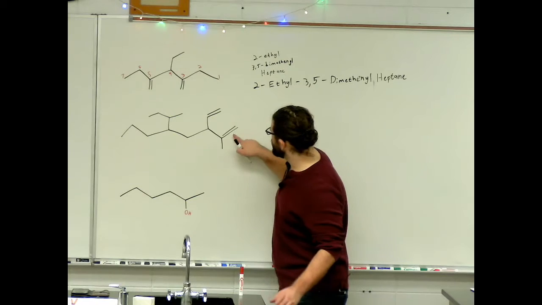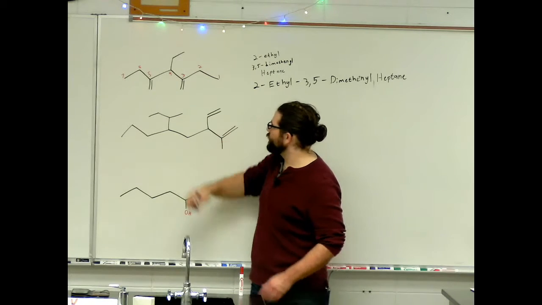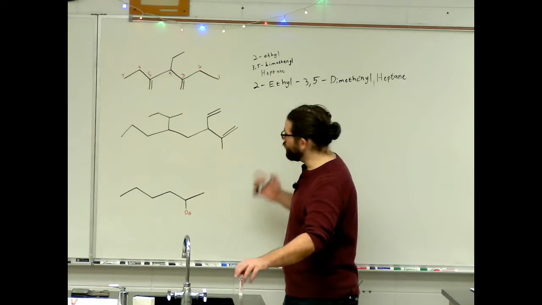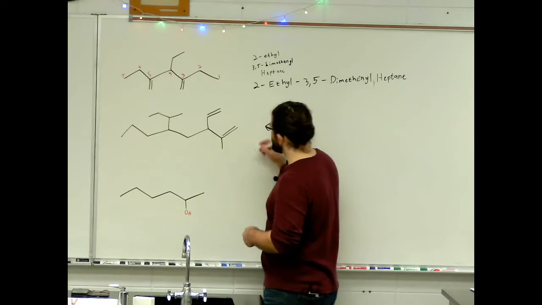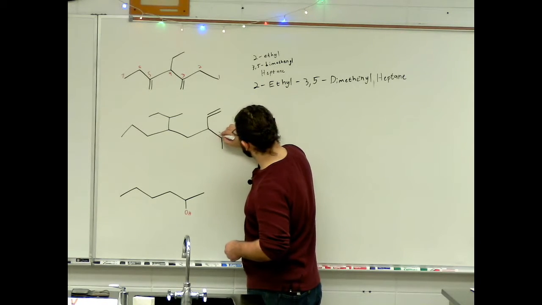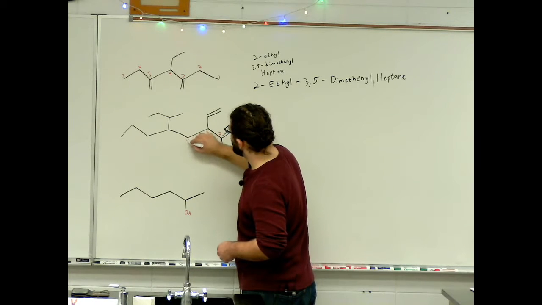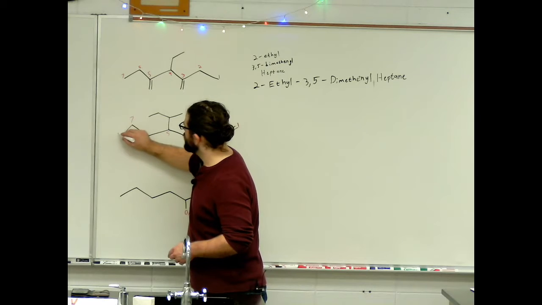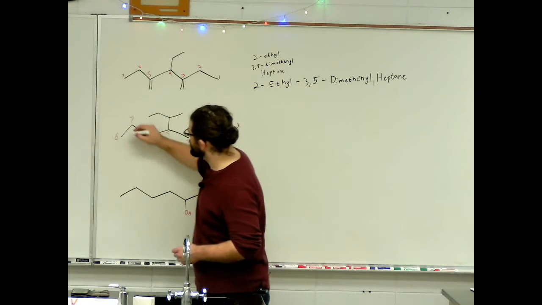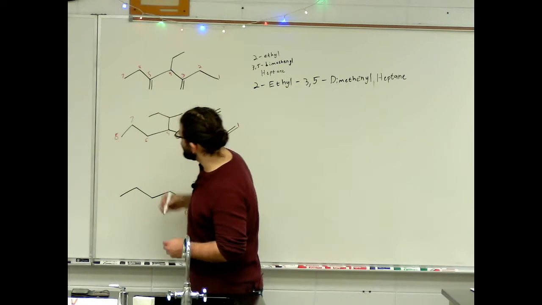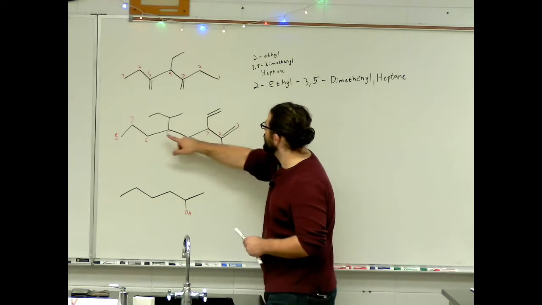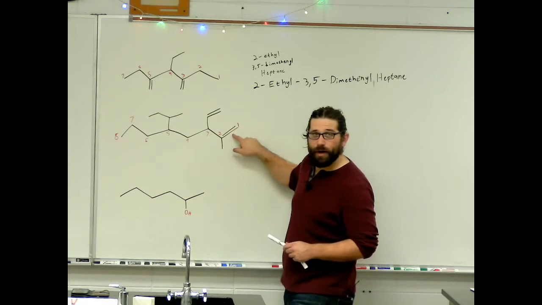Well, this one clearly has some earlier constituents. So I'm going to number it from the right to the left. So it's going to be a 1, a 2, 3, 4, 5, 6, 7, and 8. Okay? Let's make our 8 a little more like an 8 there. Good enough. So this is going to be an oct, and then it's got a double bond here at the 1 carbon.